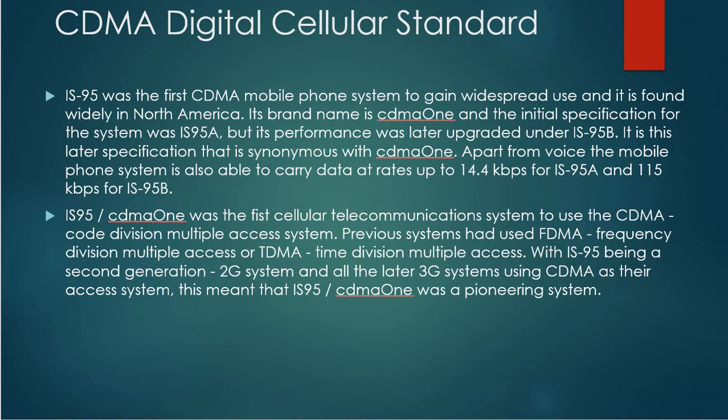Okay, and let's move on to the next slide. CDMA, digital cellular standard. CDMA is IS95. It was the first CDMA mobile phone system to gain widespread use, and it is found widely in North America. Its brand name is CDMA1, and the initial specification for the system was IS95A, but it was later upgraded to IS95B.